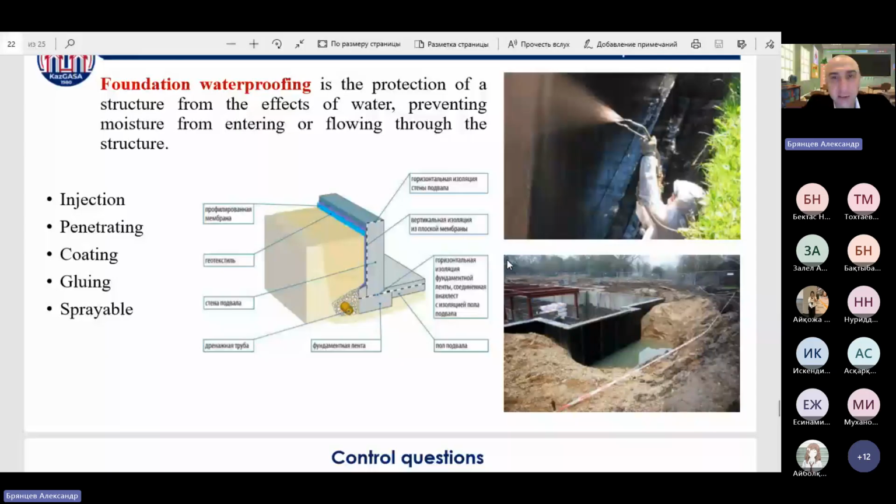It is essential for the durability of underground building parts. So there are special agents preventing capillary moisture and protecting from corrosion. There are several types of waterproofing: coating, membrane, spray applied, injection, and penetration.